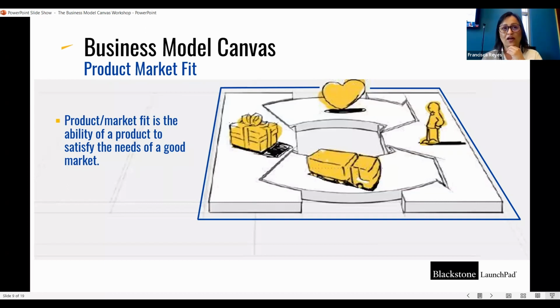Let's say, for example, that we're going to talk about Uber in a few minutes. Some people do not like Uber, right? Some people actually like to drive, right? So that's, for example, a customer segment for Uber: the people that like to drive.